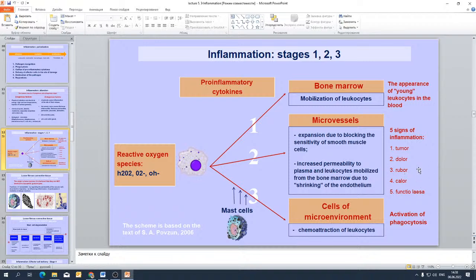Rubor, the color is red because the vessels increase. Calor is a high level of temperature, and functio laesa, changes and injury of function.